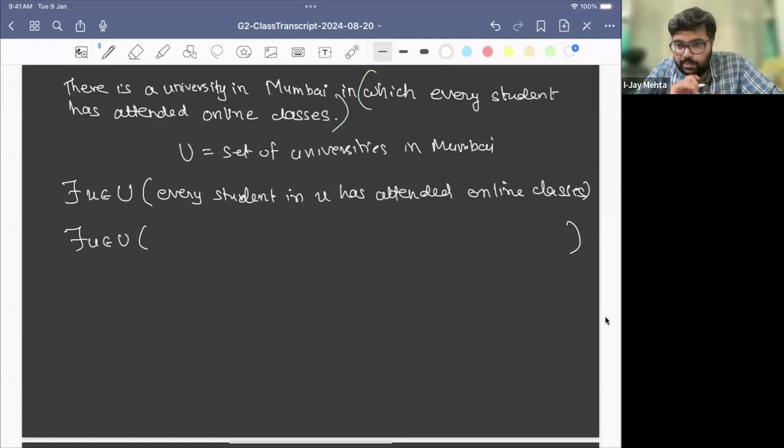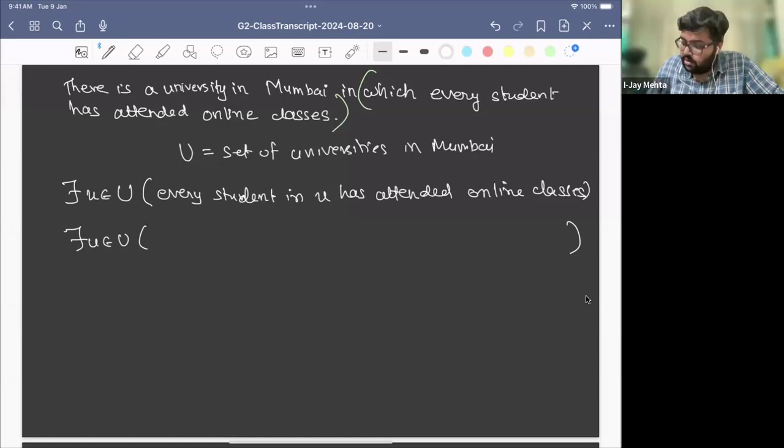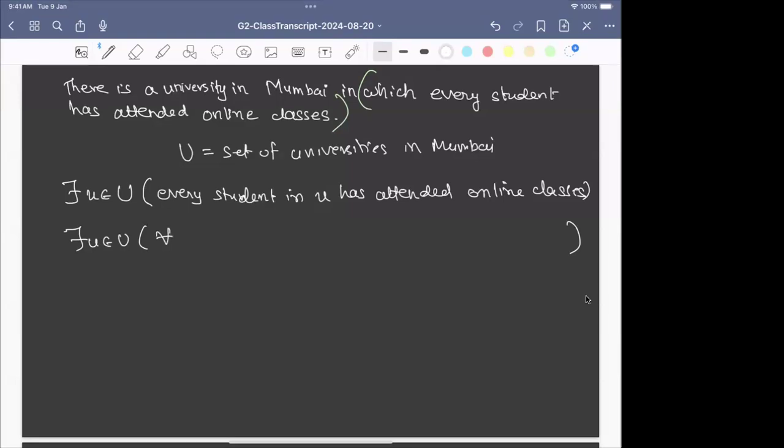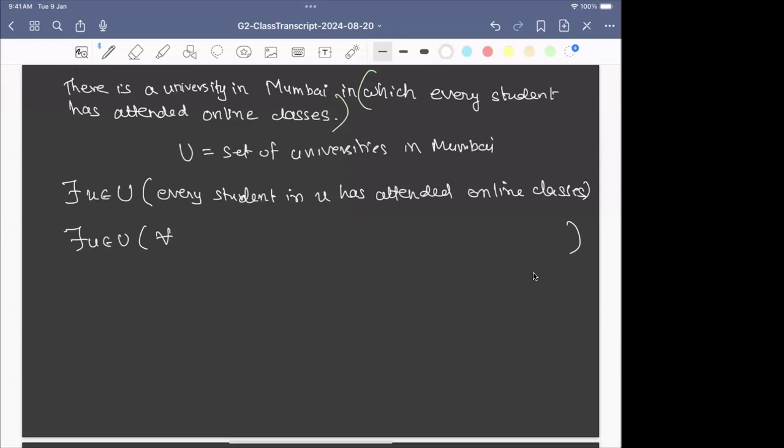Room number 5, Jainam. Yes, sir. Please answer quickly. For all, that is a quantifier, given any. And then what is the set? The set of students in the university in Mumbai. What notation should we use? Small u?